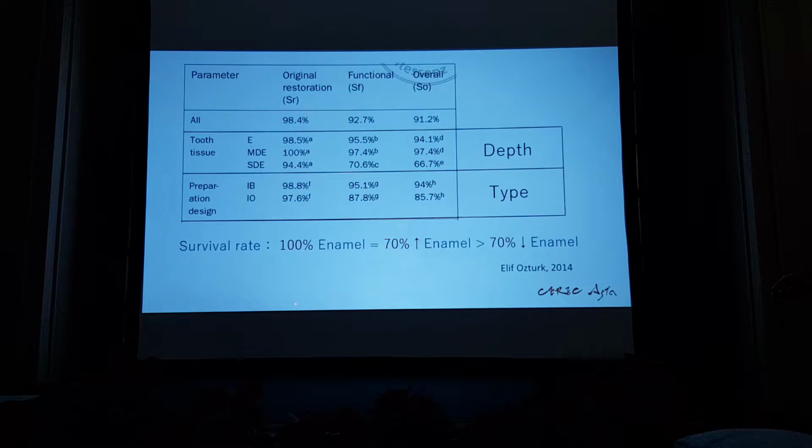So the result is the survival rate: 100% enamel is not equal, but it doesn't have a significant difference from the 70% enamel. But once your enamel is less than 70%, your survival rate will significantly reduce. Okay? So we know that if you want to do a veneer, please preserve 70% enamel on the surface.